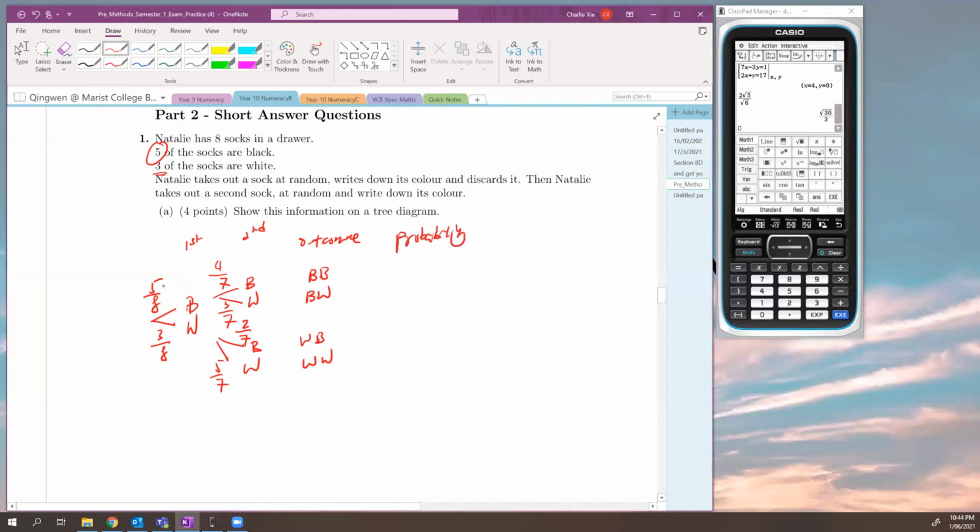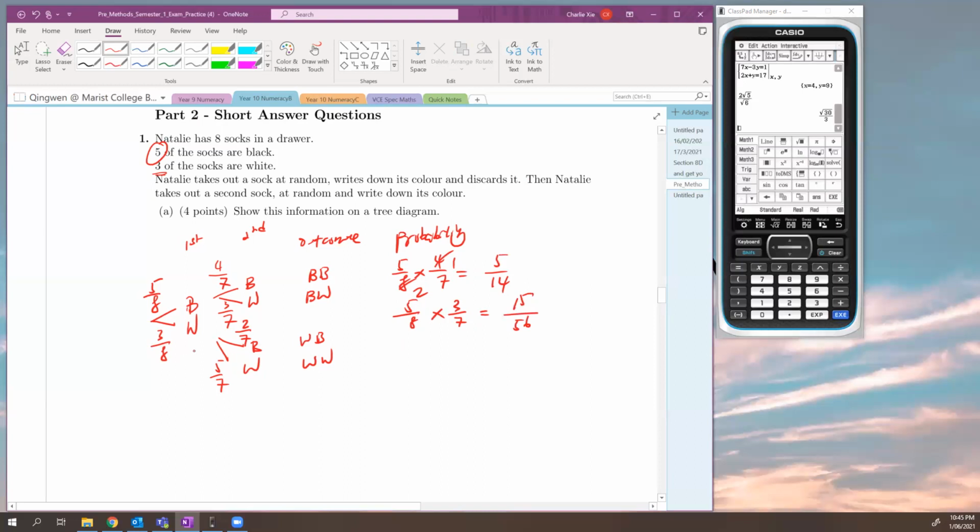So 5 out of 8 chance to get black for the first draw, and 4 out of 7 for the second draw. 5 out of 8 times 4 out of 7. This could be canceled out, 2 and 1, so 5 over 14. Okay, next one, 5 out of 8 times 3 out of 7. This cannot be simplified, so just 3 times 5, 15 over 56.